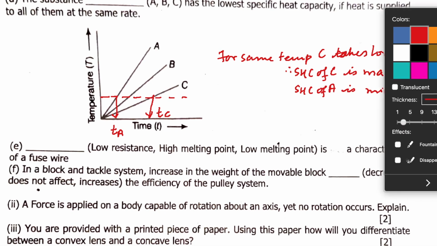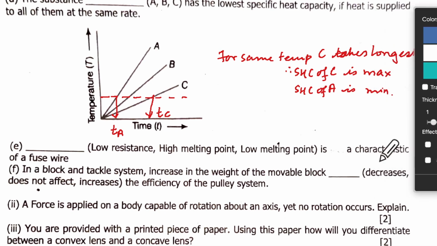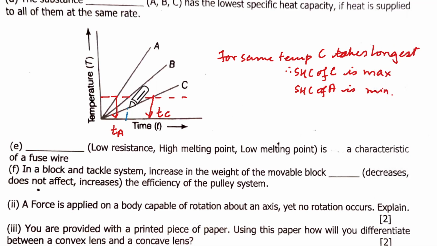There is another way of doing this. If you take a vertical line, then what do you see over here? The slope of A is more, so there will be a sharp rise in temperature in the same time.